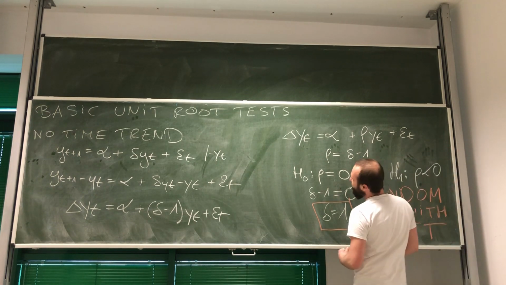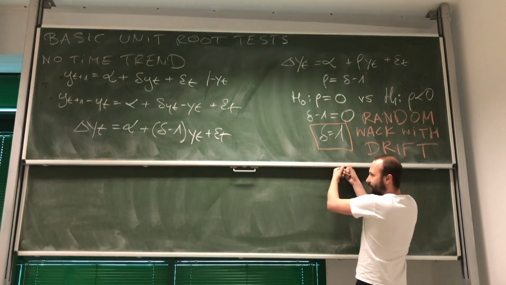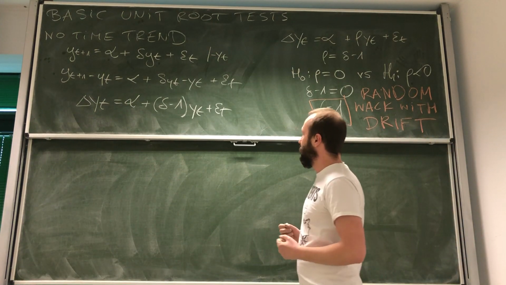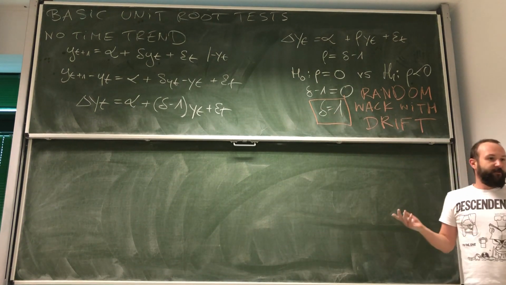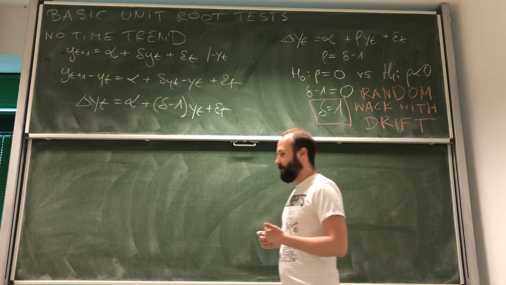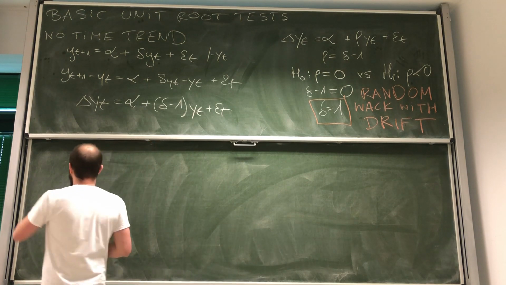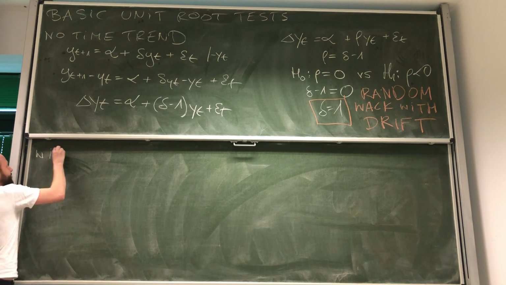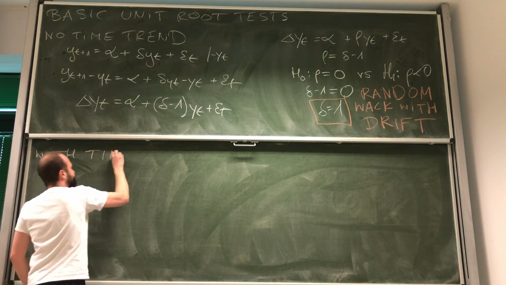However, what if we want to know something a little different? What if we want to know if this is going to be a trend-stationary process? As it turns out, we don't need to do much. All we need to do is to modify this specification to the one with a time trend.